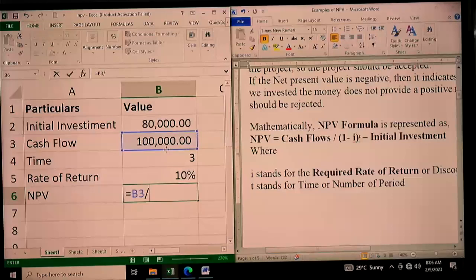Divide by, in bracket, we have 1 plus i. The i here stands for the required rate of return, which is given here in cell B5. Then you close the bracket. Then to the power of t.